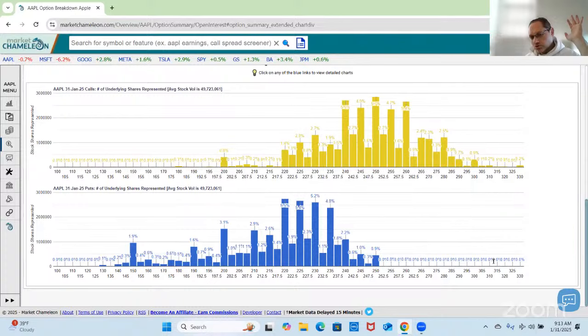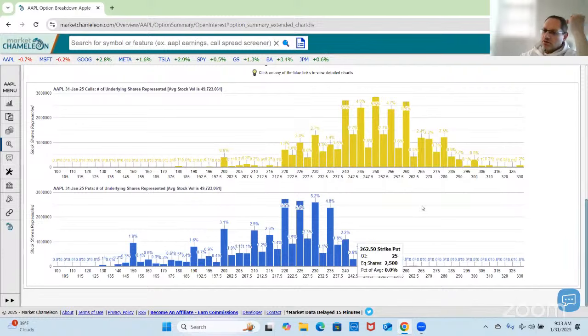Now it's just showing us the total call open interest and the total put open interest, and it also gives us these numbers on a relative basis. Based on this particular strike, 240, 245, 250, we see the total open interest.